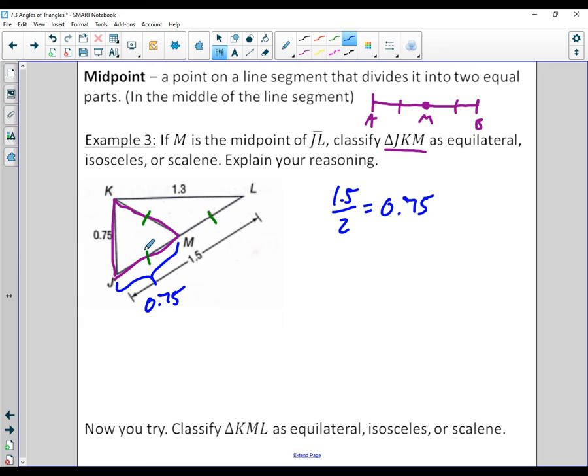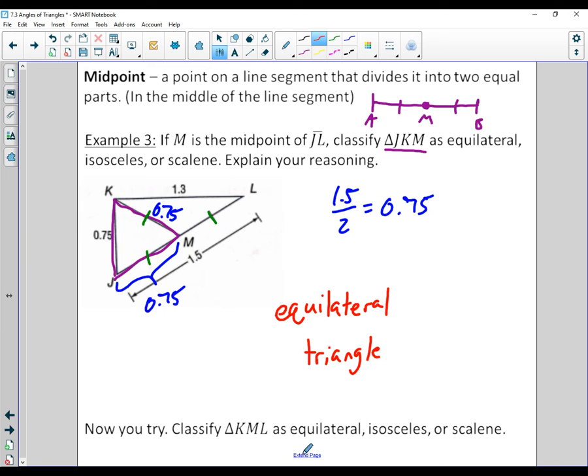And so, since this tick mark is the same as this tick mark here, that means this is also 0.75. So we actually have an equilateral triangle here, right, because all the sides of JKM are the same length.